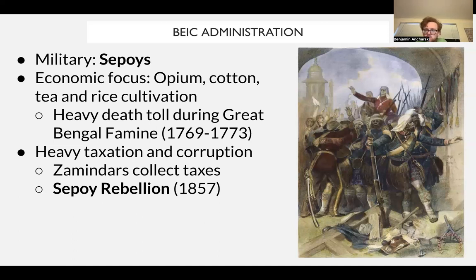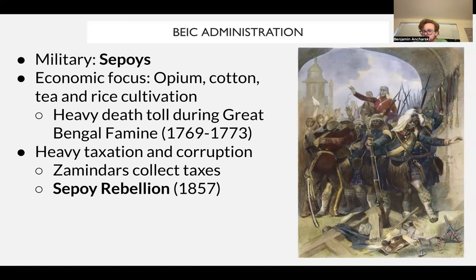So we do see that there will be this massive uprising. It does threaten the British East India Company's hold over India. And this does lead to a change in the administrative body that rules over India, the transition away from company rule to rule directly by the British government.